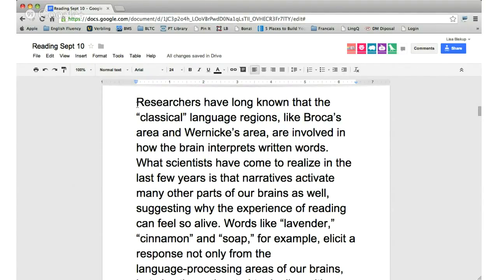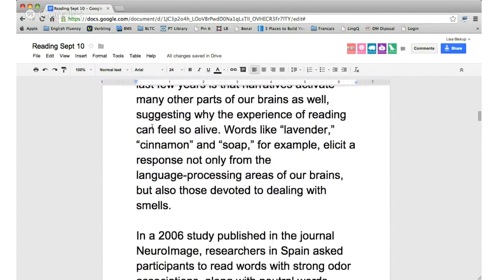What scientists have come to realize in the last few years is that narratives activate many other parts of our brain as well, suggesting why the experience of reading can feel so alive. Words like lavender, cinnamon, and soap, for example, elicit a response not only from the language processing areas of our brains, but also those devoted to dealing with smells.